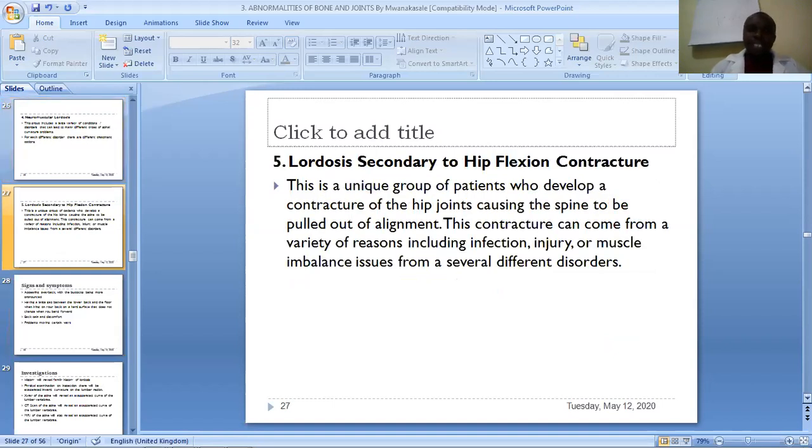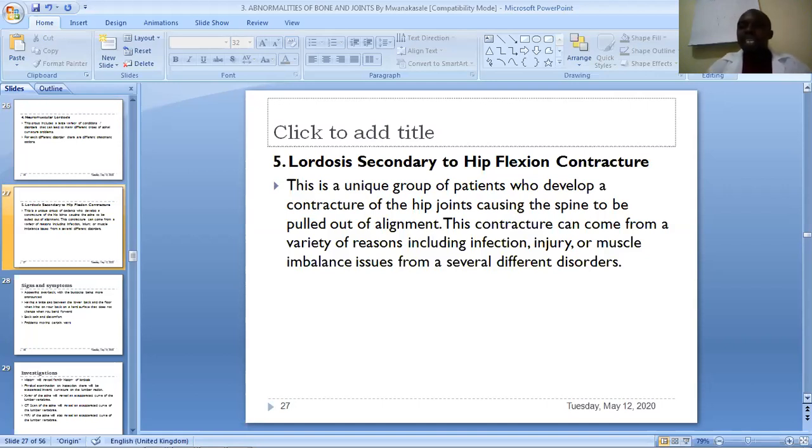Now let's look at the other type or classification of lordosis, which is lordosis secondary to hip flexion contracture. So this is a unique group of patients who develop a contracture of the hip joint, causing the spine to be pulled out of alignment.